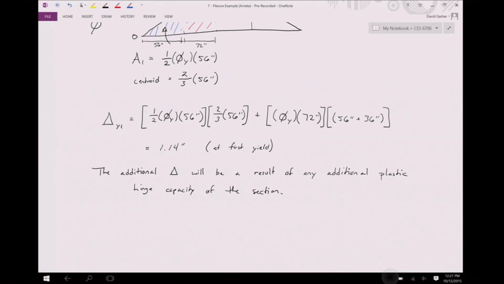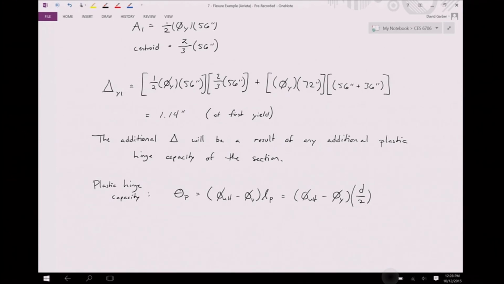So our plastic hinge capacity theta p is going to equal our phi ultimate minus our phi yield times the length of the plastic hinge. We'll assume the plastic hinge length to be d over 2.